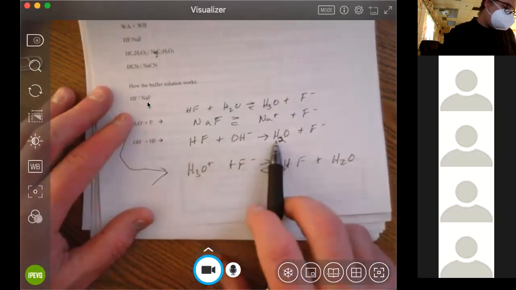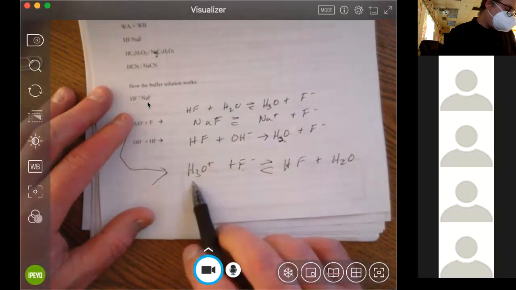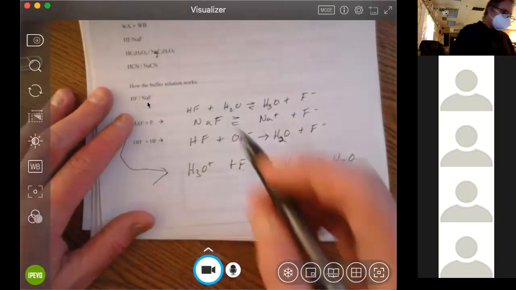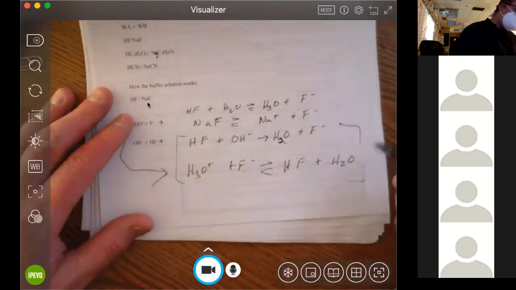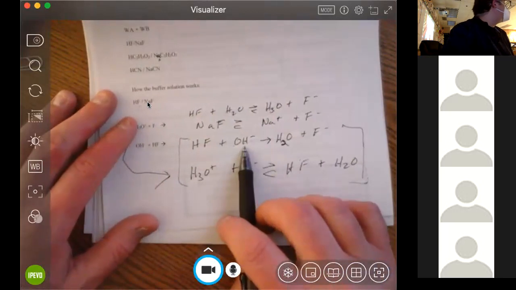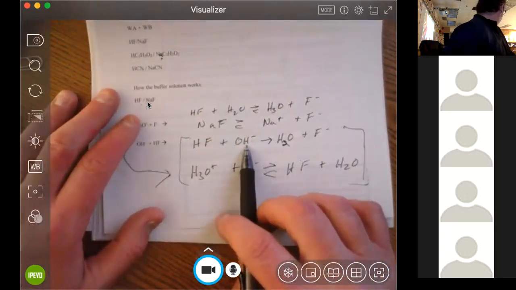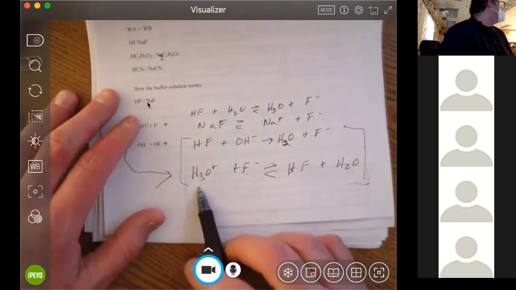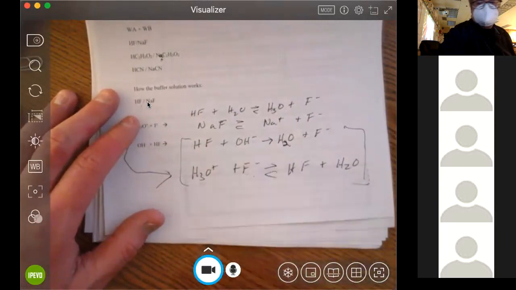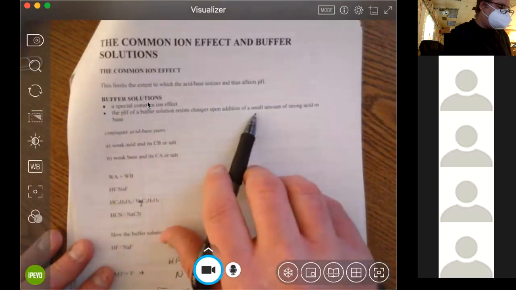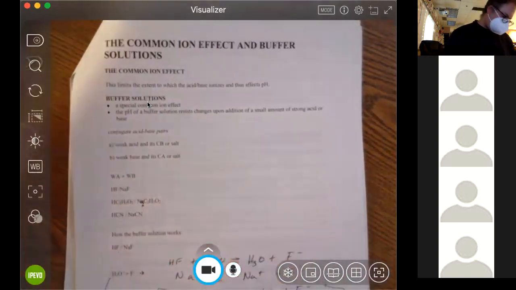HF plus OH negative gives H2O plus F negative, and H3O plus F negative yields HF plus H2O. So basically through these two mechanisms, we can negate hydroxides, which would change the pH, making it greater, or we can negate hydrogen ions, which would change the pH and make it lower. So we can pull them out to a certain extent and resist the change in pH.